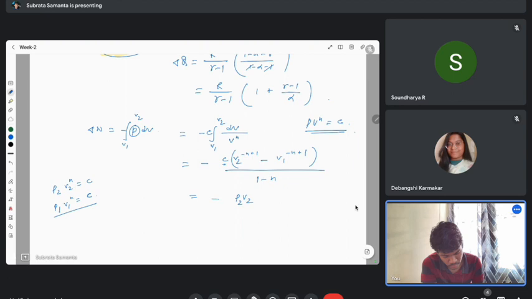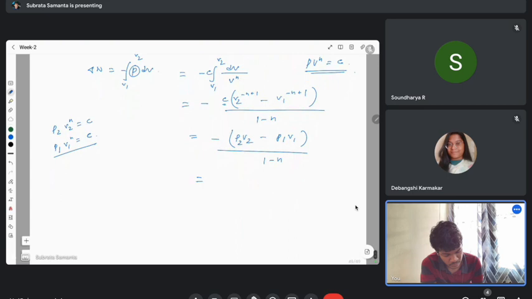So that means this P2 V2 minus P1 V1 by 1 minus n, right? So that means P1 V1 minus P2 V2 by 1 minus n. Now if you consider ideal gas, this is nothing but the RT1 minus RT2 by 1 minus n, right?